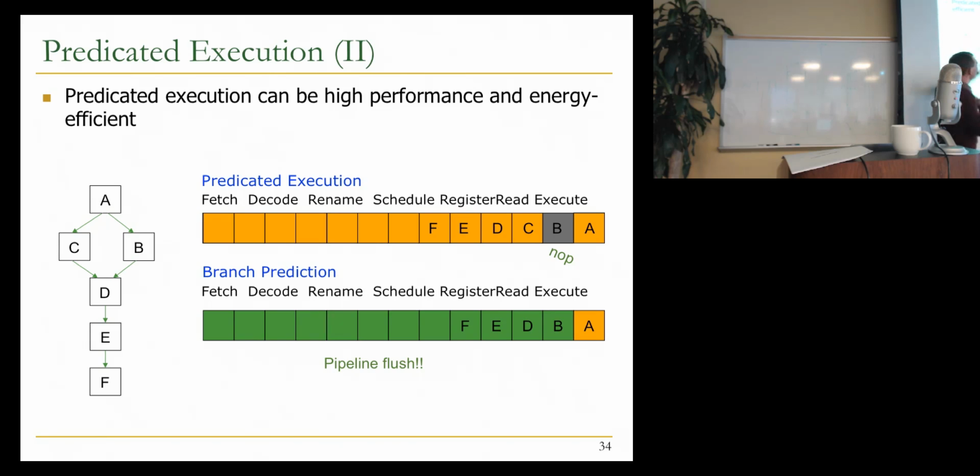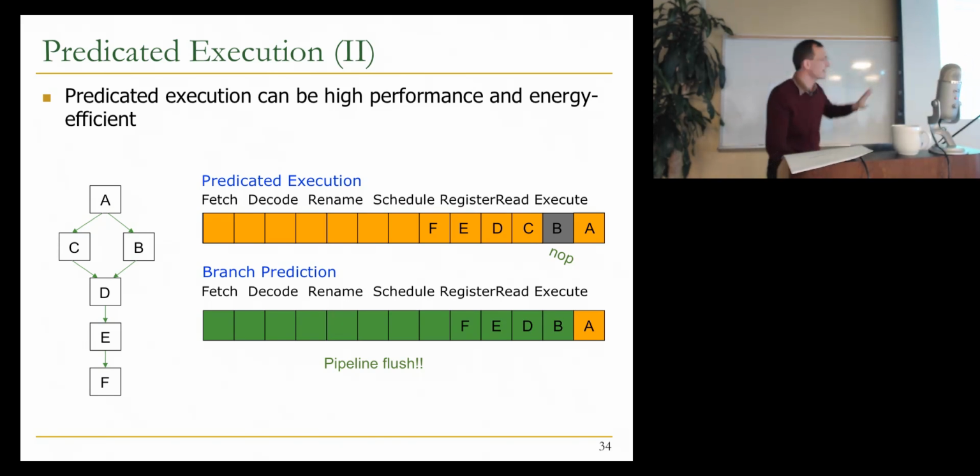That way the branch is eliminated. But if the branch is predicted 100% accurately, this may be a bad idea because you're wasting work. And there are some dependent instructions over here that you may not be able to execute because they're dependent on both B and C. Okay? So the takeaway is this could be very energy efficient and also high performance if the branch is hard to predict.